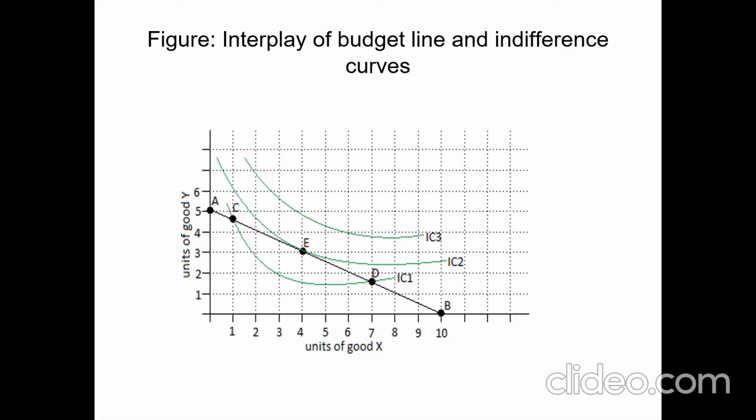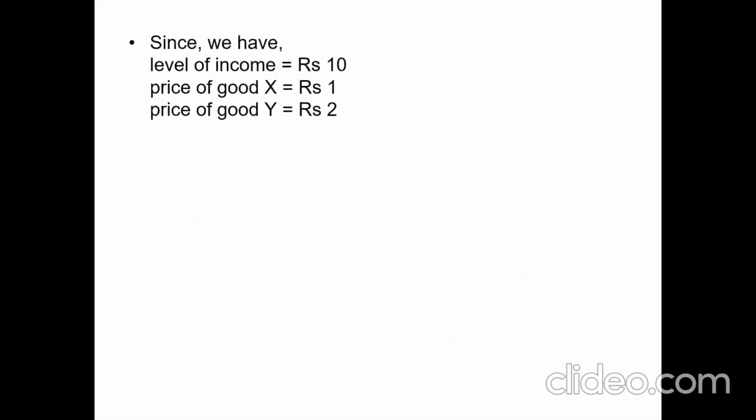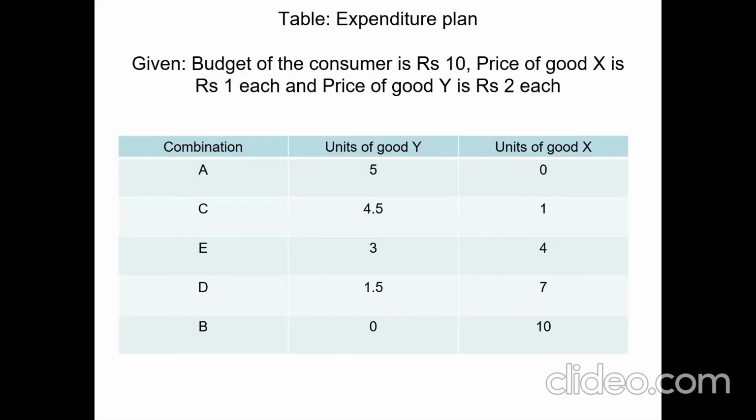This point E is the point of equilibrium, wherein the consumer will have maximum satisfaction by spending his 10 rupees. At point E, he will have 3 quantity of Y and 4 quantity of X. This consumption will give him maximum satisfaction and consumer equilibrium.